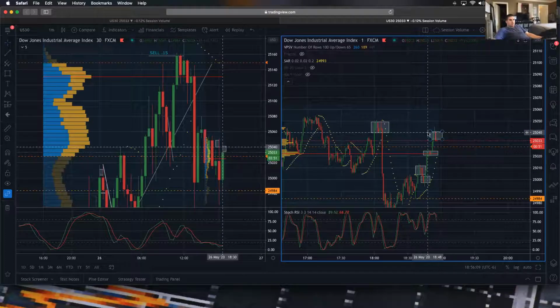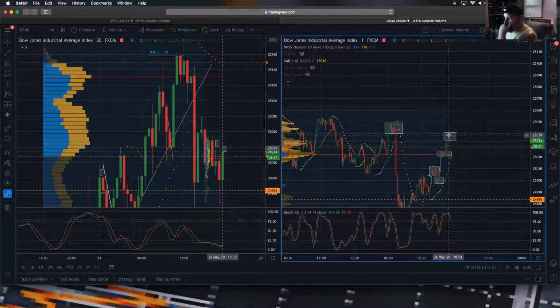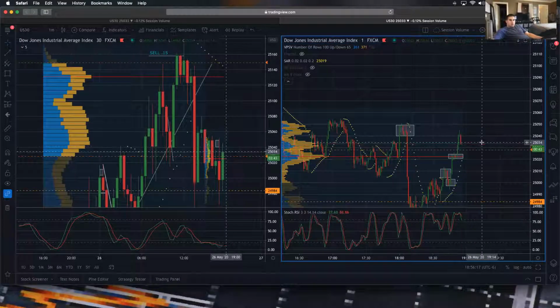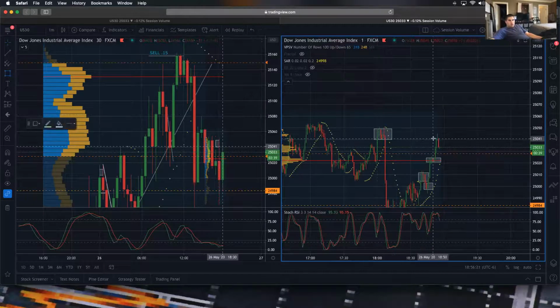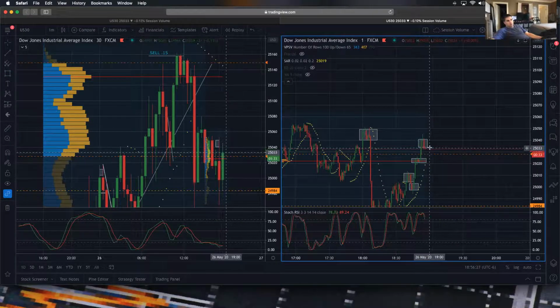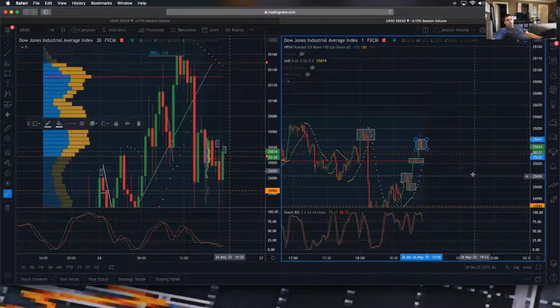See, I'm just boxing off as it finds some sort of structure. As soon as I get a 1 minute close there, and then it pulled back and got another close, there you go, that's my 1 minute structure. If it kind of tickles down like that without any momentum and it closes, I'll just open it up a bit.